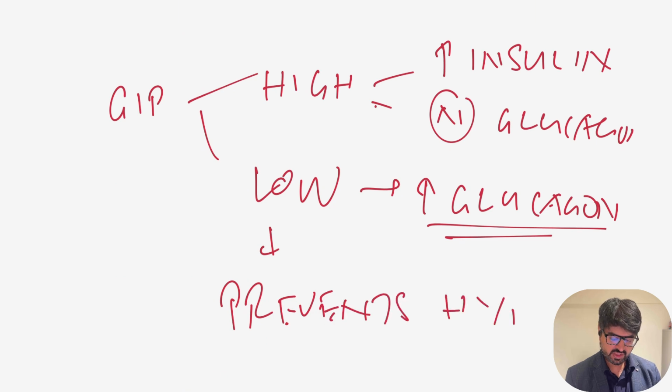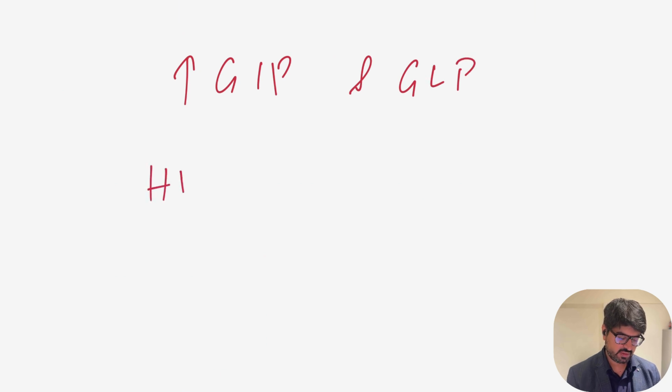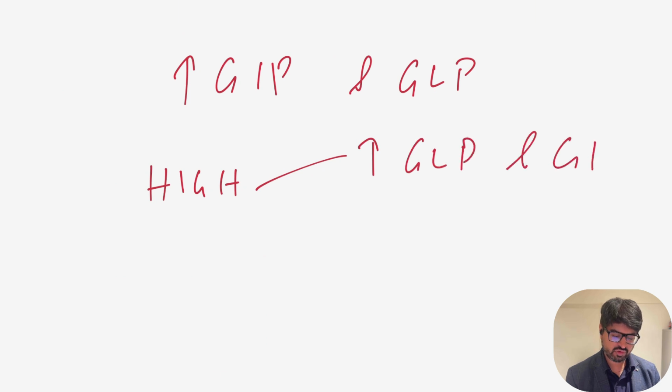So when we are giving a DPP-4 inhibitor, we are increasing the levels of GIP as well as GLP-1. So what happens is when the blood glucose goes high, right, there is increased GLP-1 and GIP, both of which increase the insulin production.